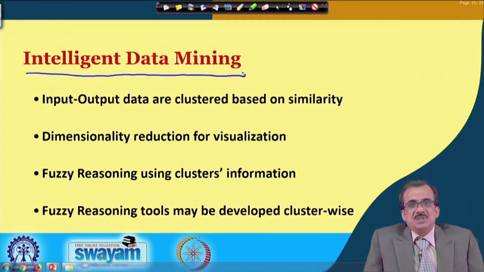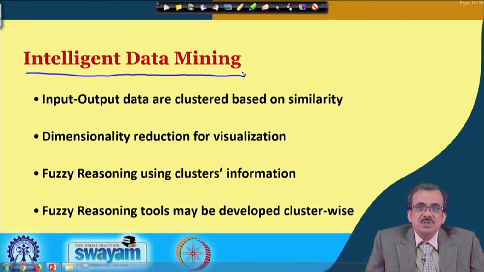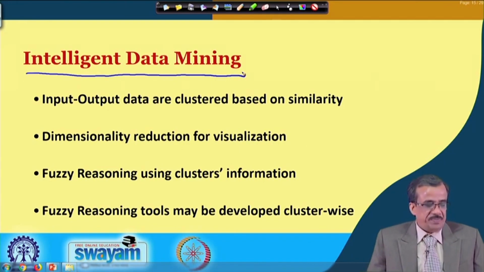The purpose is how to model the input output relationship of a process in both forward and reverse direction, and if required, whether we can map the data from higher dimension to lower dimension for the purpose of visualization, and whether we can do some sort of clustering using the principle of similarity.